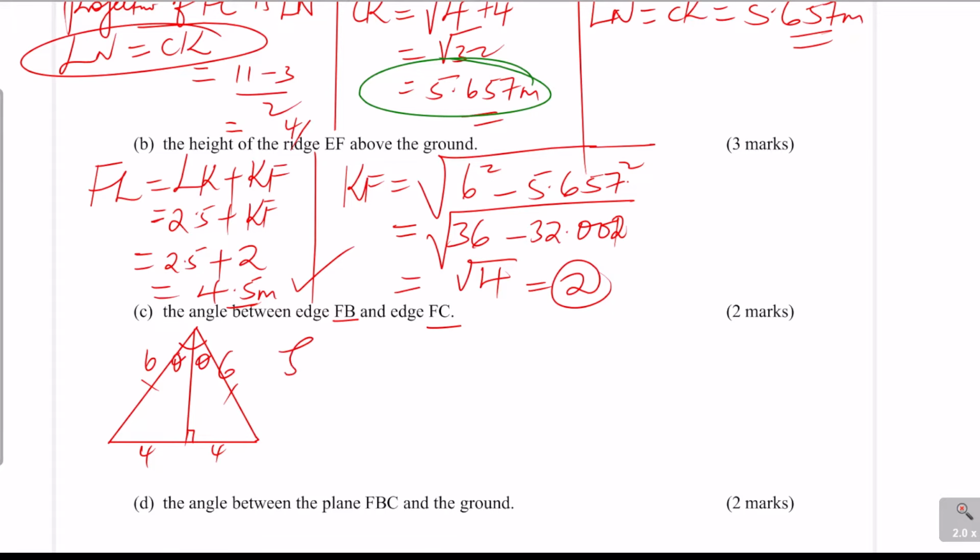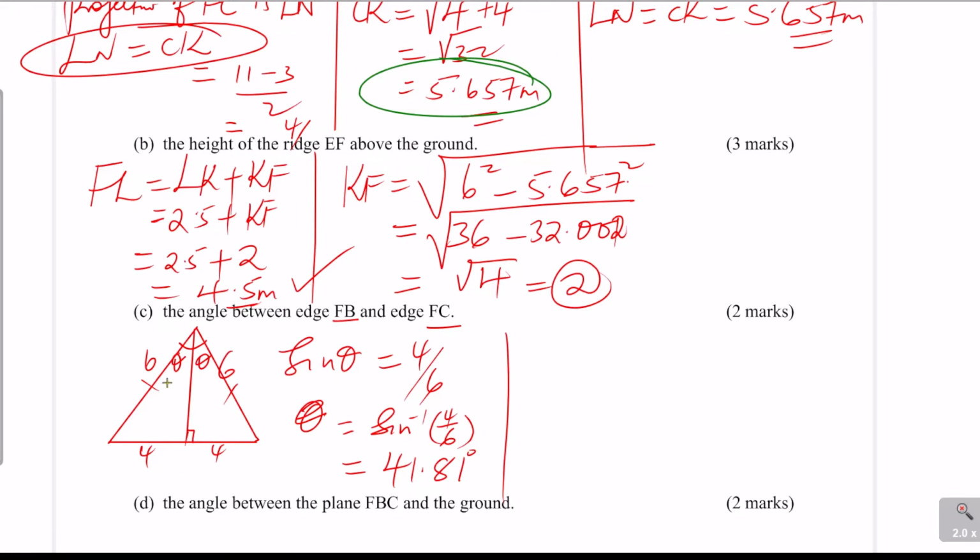So we can use sine. Sine of that angle theta is equal to opposite over hypotenuse. So angle theta is equal to the sine inverse of 4 divided by 6. Using a calculator, when you work it out, you get the angle to be 41.81 degrees.